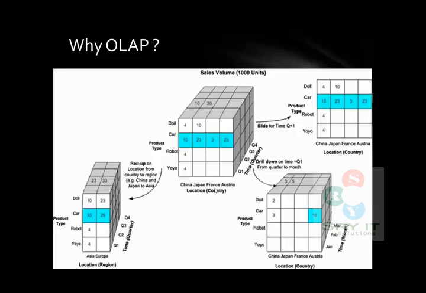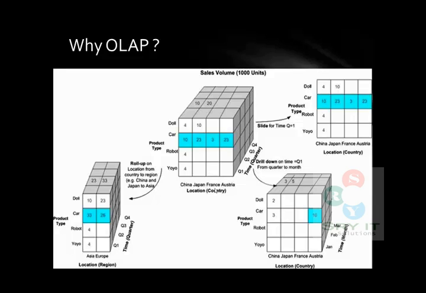So OLAP systems are nothing but all the data warehouse systems we have in the market; everything comes under OLAP. OLAP is online analytical processing, right? All the data warehouse systems come under the OLAP category.